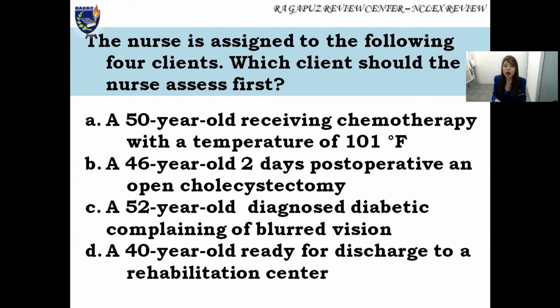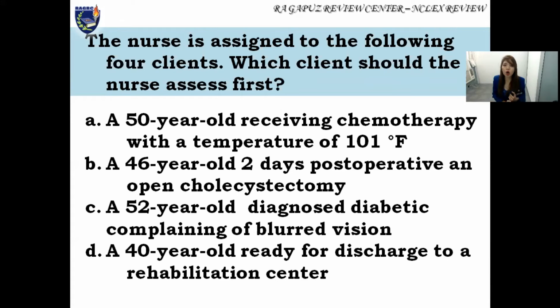So in here, you can do the process of elimination. Let us eliminate letter D, a 40-year-old ready for discharge to a rehab center, because you have the keyword ready for discharge. So when the client is ready for discharge, we need to say the client is now stable. So that is not your priority. Now, if you are going to choose among options A, B, and C, always remember this.